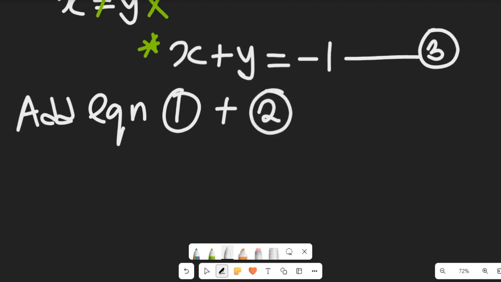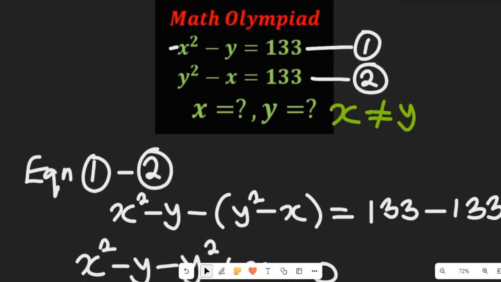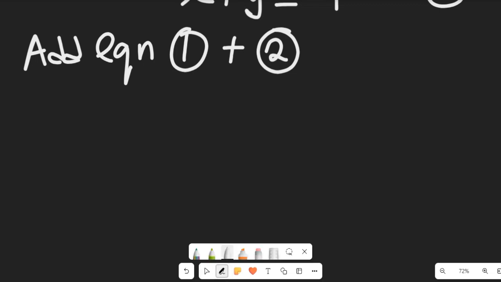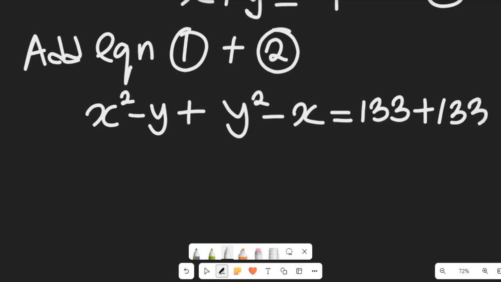Now, if we add those two equations, what are we going to arrive at? We're going to have x squared minus y, right? Plus y squared minus x, that's what we'll have there, equal to 133 plus 133.